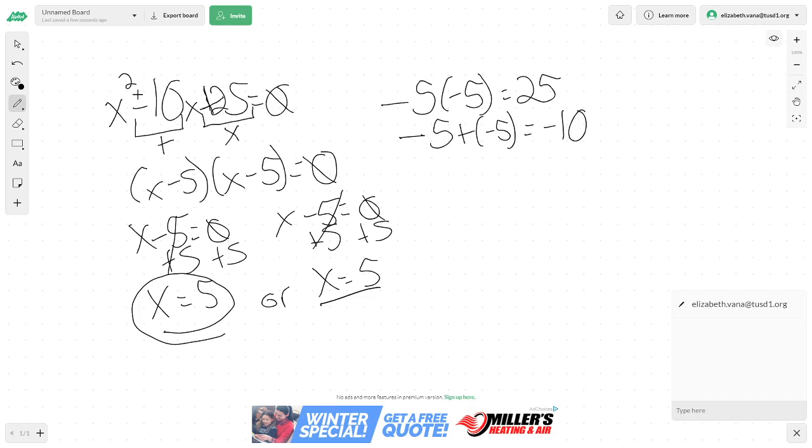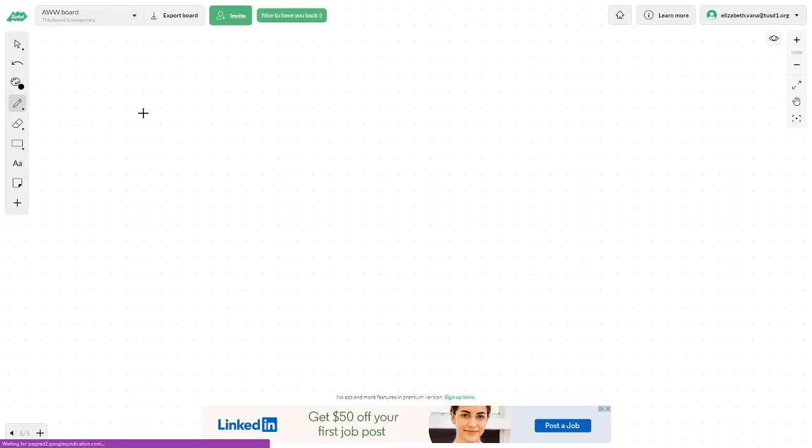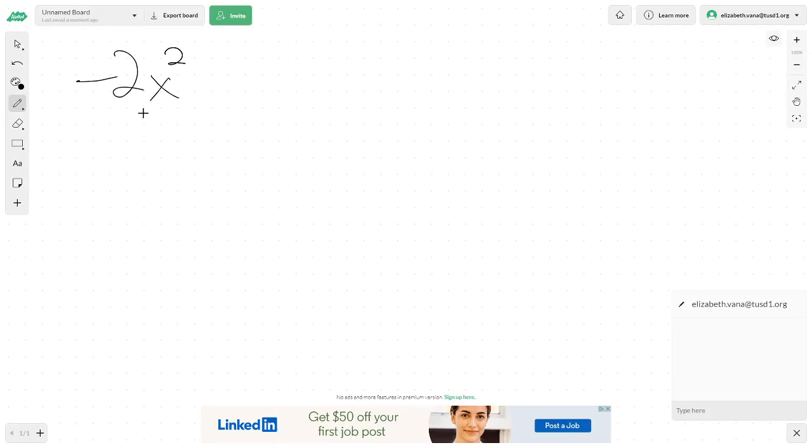All right, let's look at one more example here. What if I gave you negative 2x squared equals 20x plus 50?